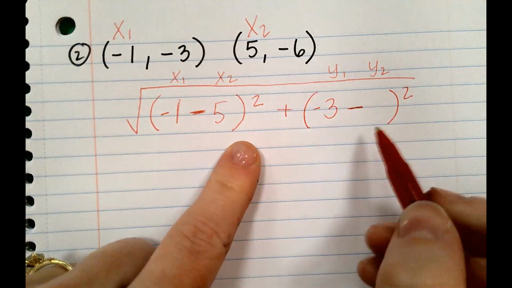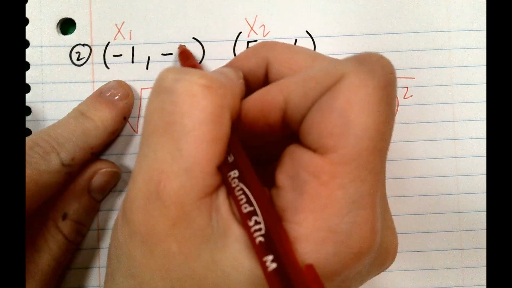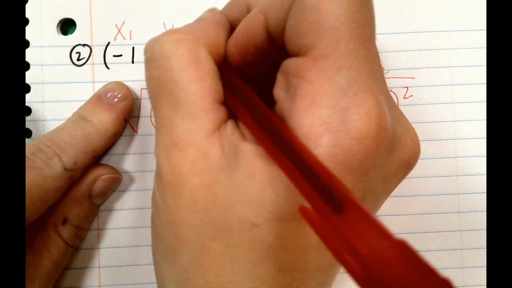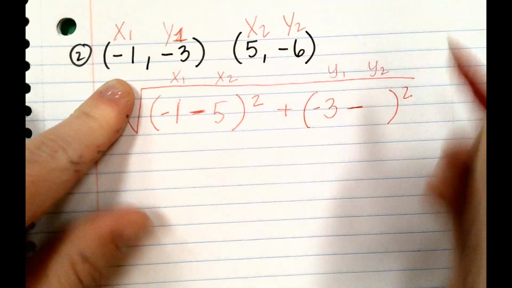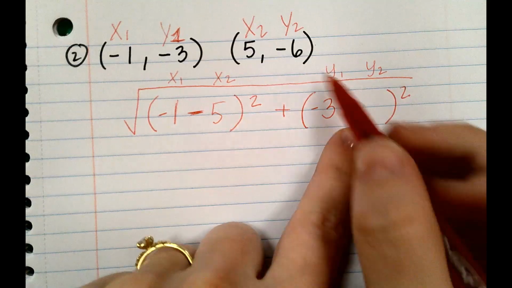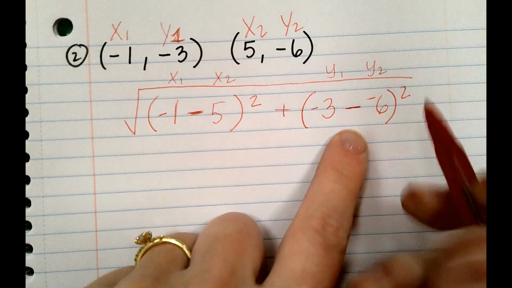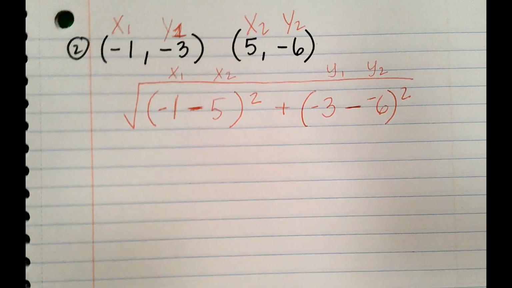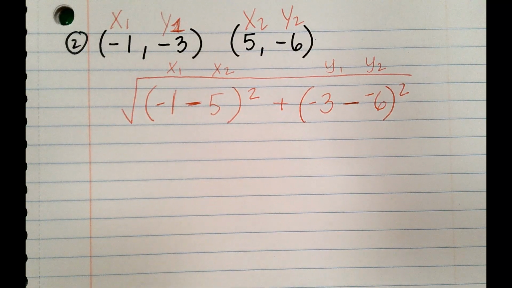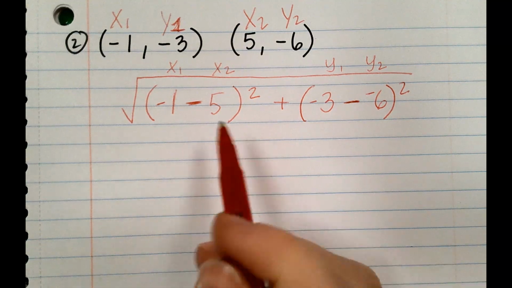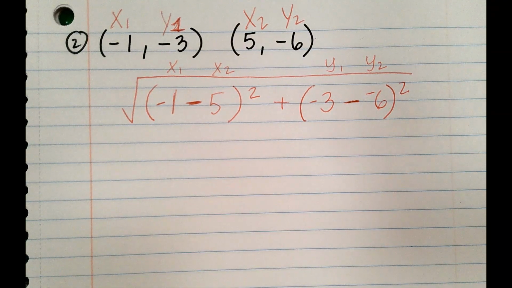Okay, so that's where I think you might have messed up. -3 is y1, and the other is y2. So we have -3 minus -6. You did plus -6. Oh, okay. Those 2 formulas are so easy to accidentally put a plus in. Yeah, I know. So that probably makes sense where you went wrong.